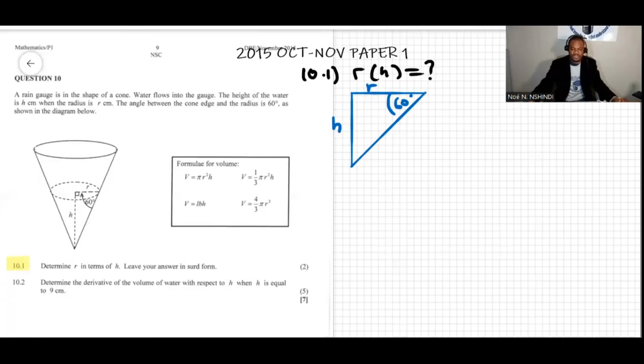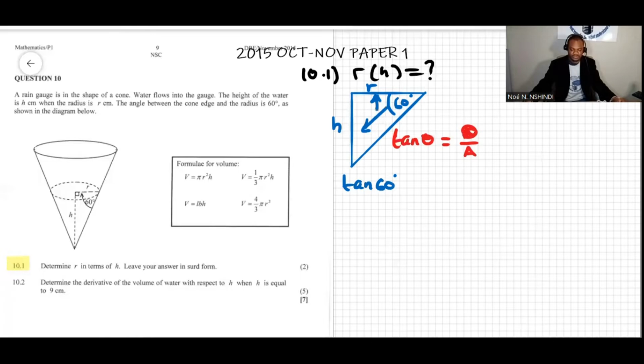Now if I need to find r, how can I find r in terms of h? What formula can I use? We can use the tan formula, because tan of the angle is equal to opposite over adjacent. So tan of 60 degrees will be the opposite to the angle 60 degrees, h, and then adjacent to the angle is r.